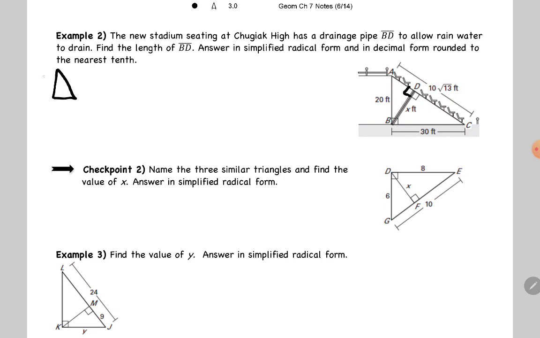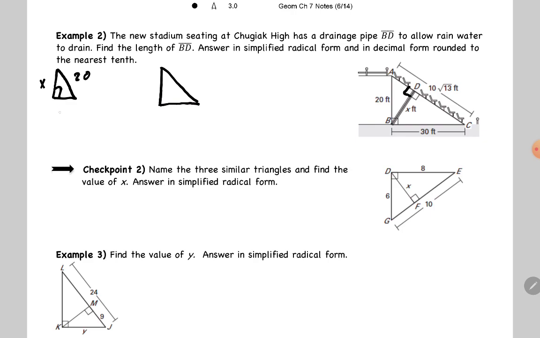Actually, so the long side, so the short side, we don't know because that whole side is 10 root 13. But we do know that the altitude is x, which is the long side, and then the hypotenuse for the left triangle is 20. And then let's draw the right triangle using the same type.